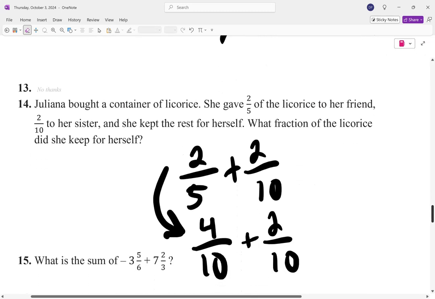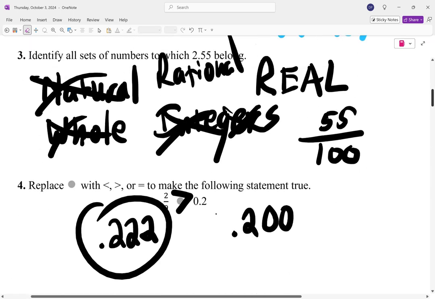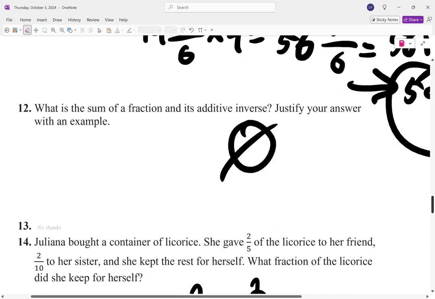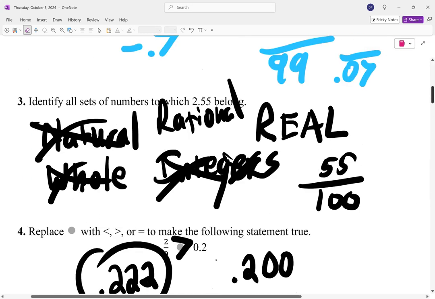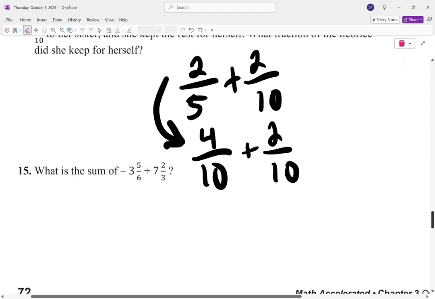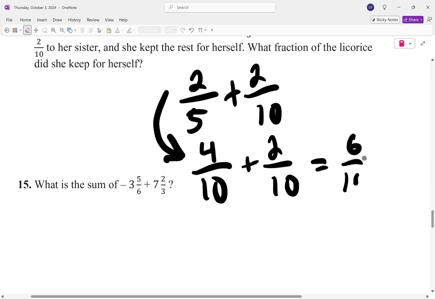13? Number 13. You're talking about 13? It's going to be on the, it's rational and real. Okay. 4 plus 2 is 6/10. Alright. Now, if she keeps the rest for herself, how much is left over? Yeah, 2 thirds.